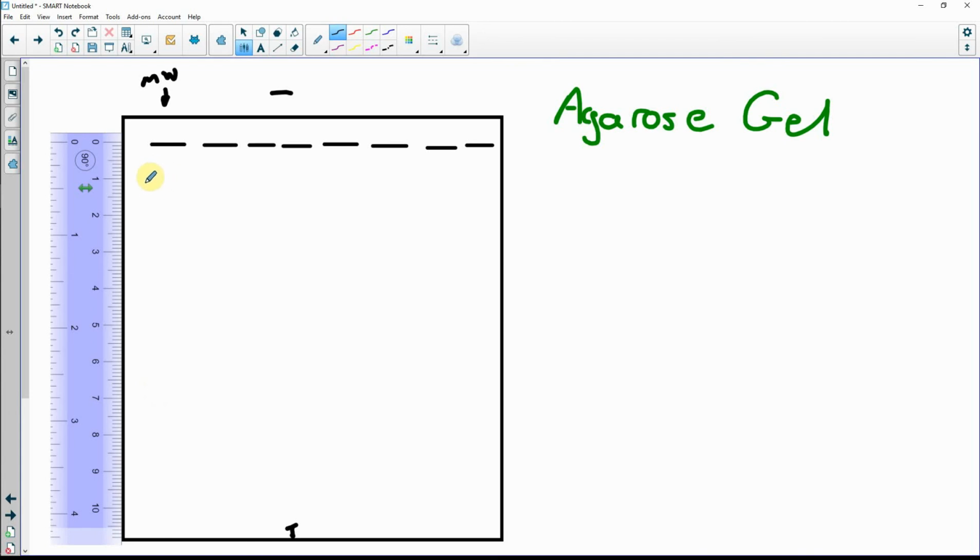So very, very basically, I'm just going to make different bands that go different distances, and I'm going to make all of this up, but I hope it'll illustrate my point. So we have 10 fragments of DNA.